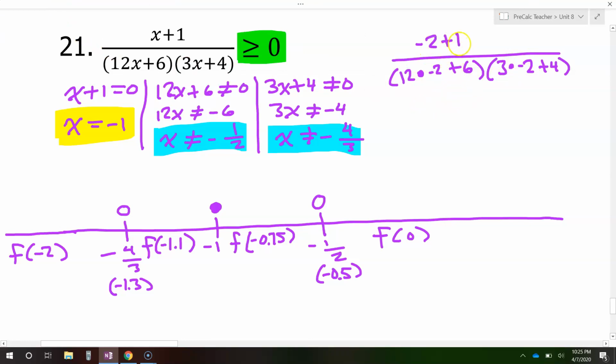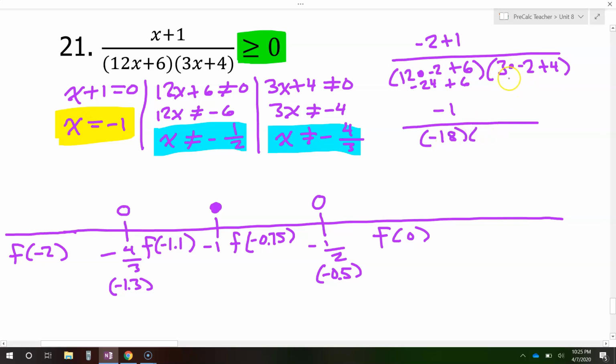So in the numerator, I'm going to have negative 1. In the denominator, I'm going to have negative 24 plus 6, so that is going to be negative 18.